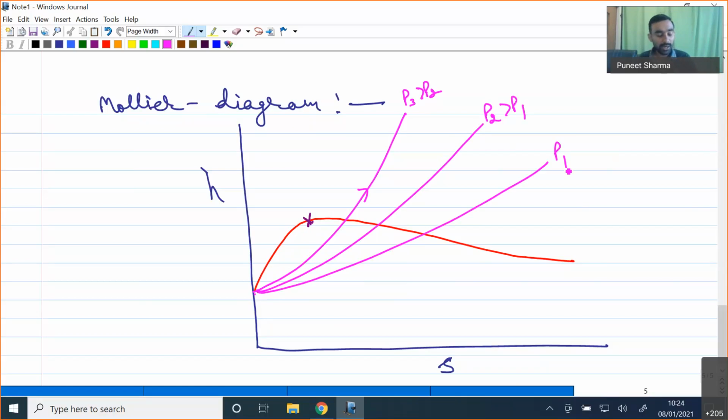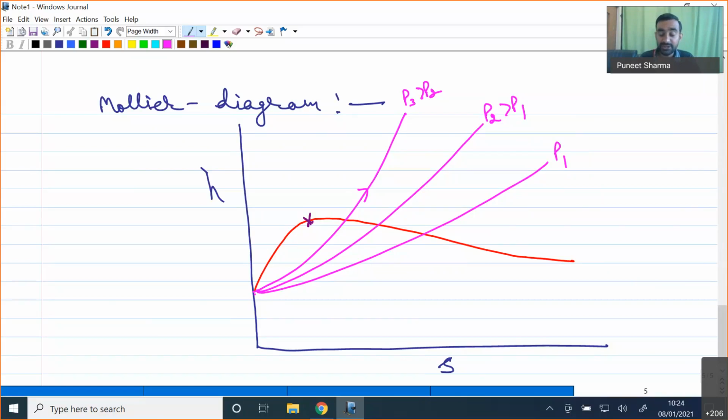While solving numerical problems, rather than going into the steam tables, one can directly use this Mollier diagram for representing the thermodynamic state of the substance, because on this diagram we plot each type of line: constant pressure, constant temperature, constant specific volume.